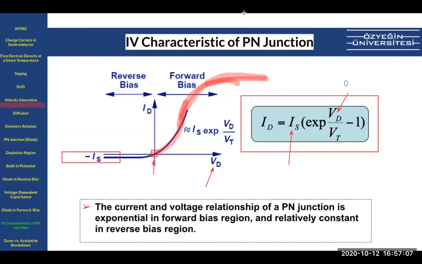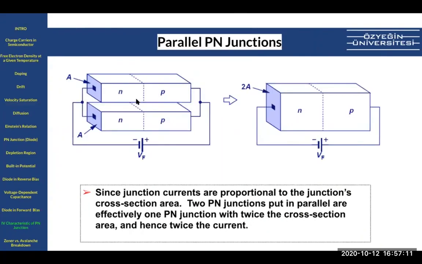So this is the characteristic of the PN junction. If we look at the next slide, you'll see that we can combine these PN junctions in parallel. When we do that, it's just like a resistor in analogy, where currents flow through each of these elements.